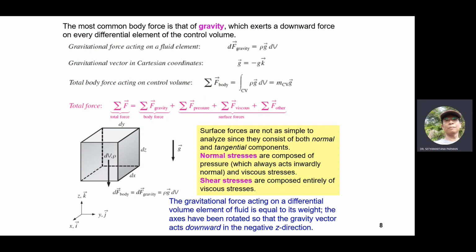The most common body force is gravity, which acts as a downward force on every differential element of the control volume.